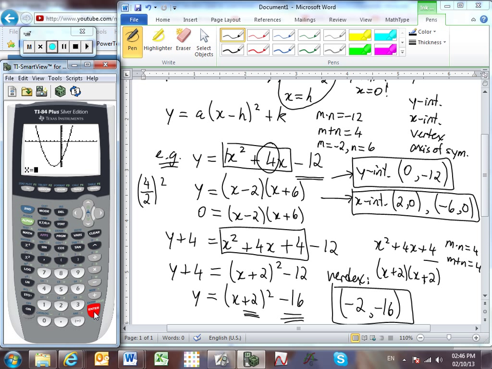So if you type in the x value, in this case for the y-intercept we know that the x value is 0, your calculator will return to you your corresponding y value. So y is equal to negative 12, and these are the coordinates of the y-intercept, exactly like we found over here, that we've got an x value of 0 and a y value of negative 12 at that y-intercept.